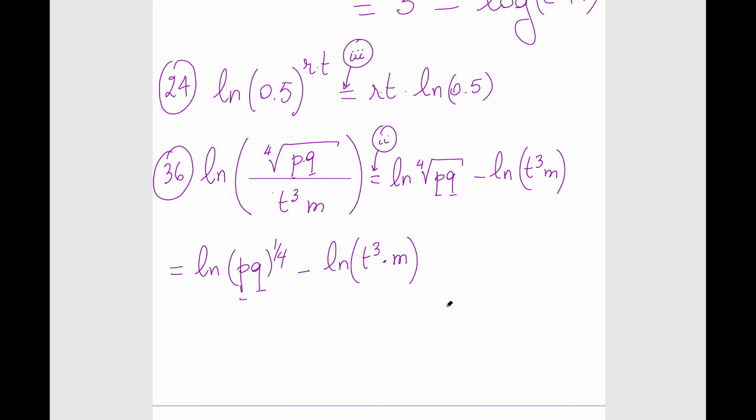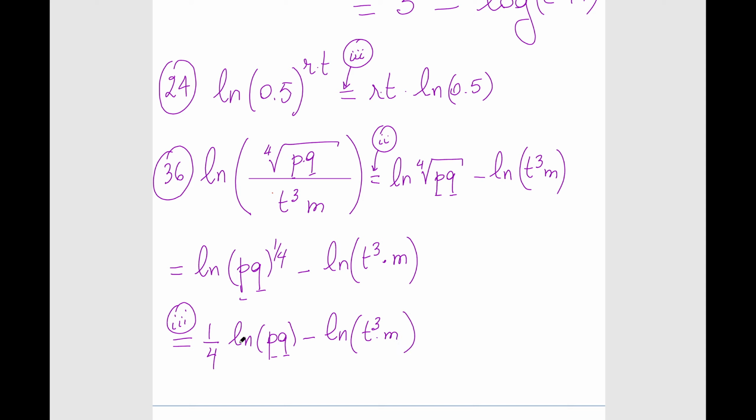So I'm going to use property 3 above to bring down this 1/4, and then I'm going to get this. So the 1/4 goes down times ln of pq minus this piece. Correct?